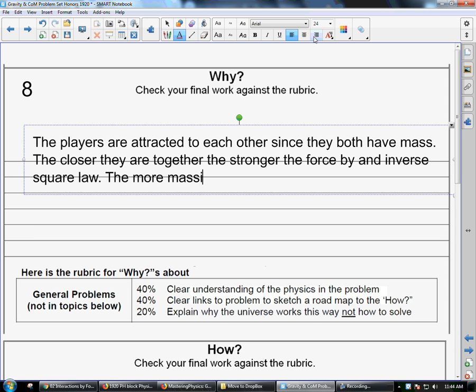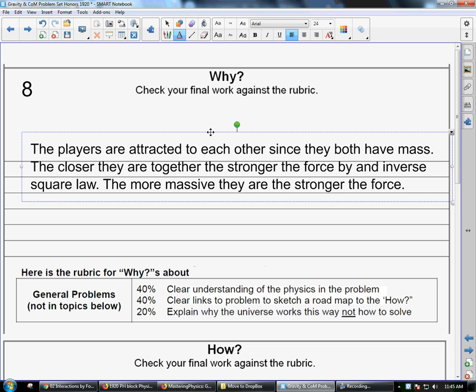The more massive they are, remember, not the more they weigh, the more massive they are, the stronger the force. I think that's it.